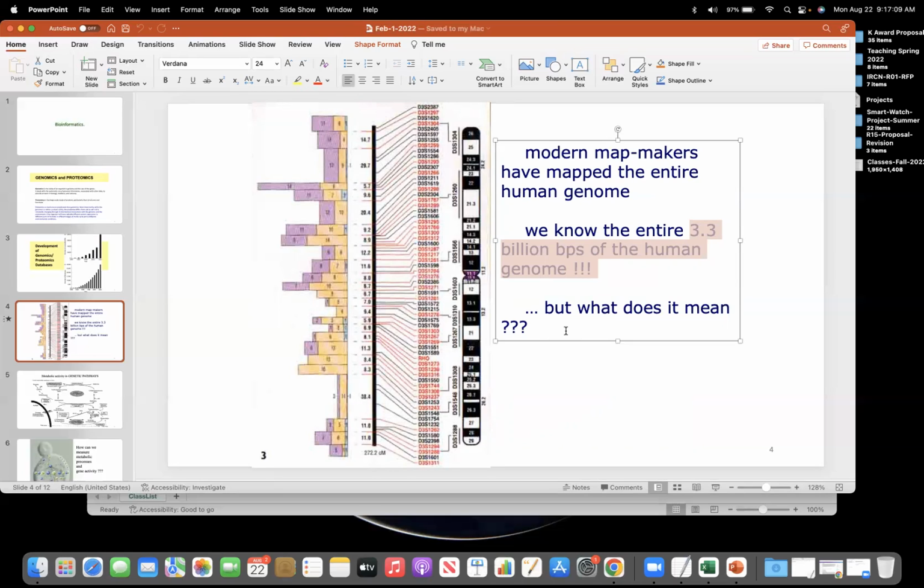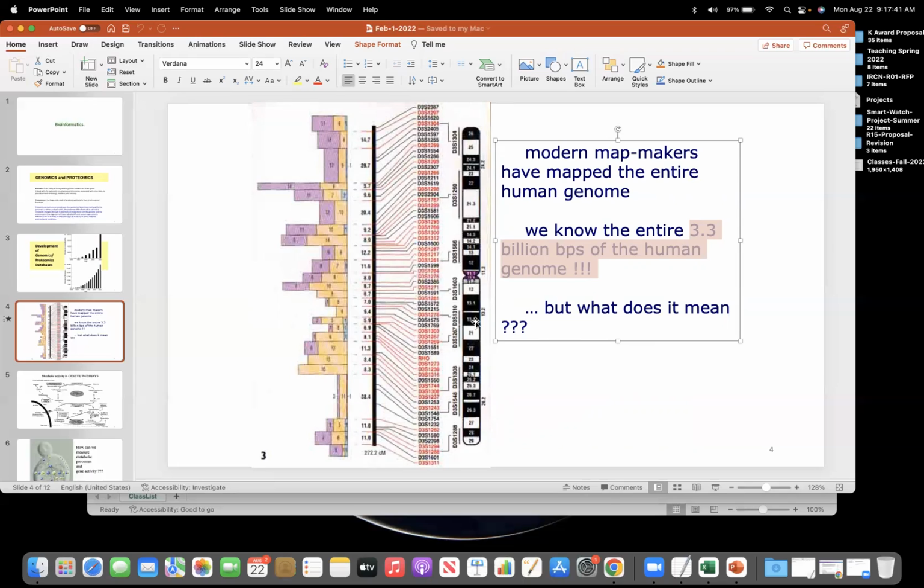There is a lot of information there, and some of these bases, they are not important. They call them garbage genes or garbage bases, right? Because they don't have any function, but some of them do have function, and we know that there are approximately 20,000 genes which have functions in humans.